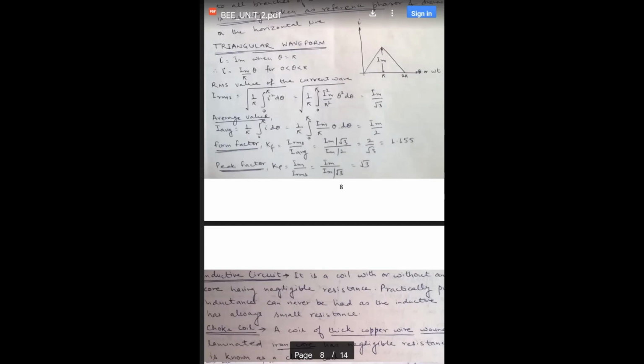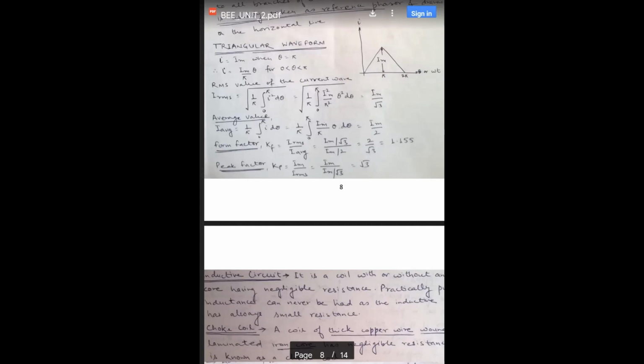So if we are taking the RMS value of the current wave for the period 0 to pi, then what happens? We calculate the RMS value, integral of i square d theta from 0 to pi.